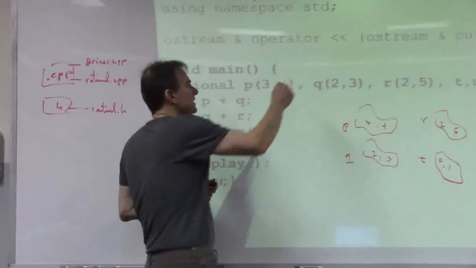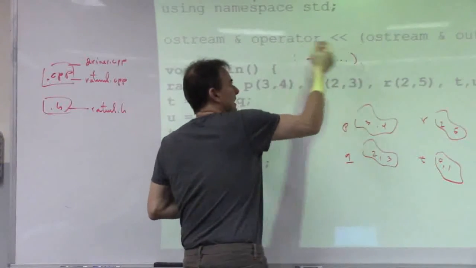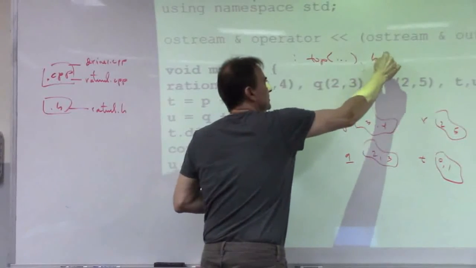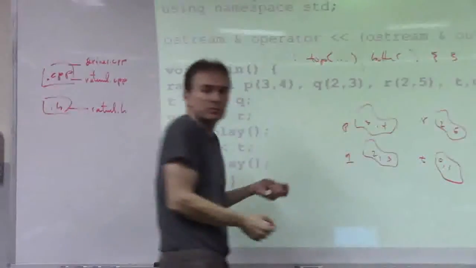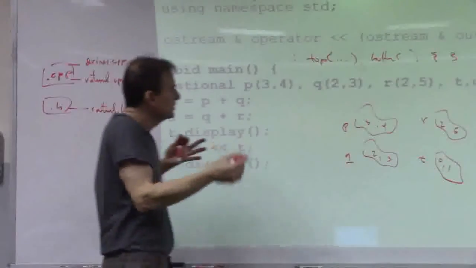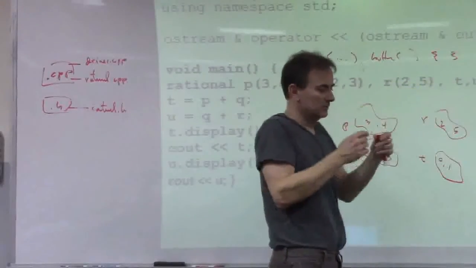We had something like this: top, whatever it was in here, so it was like top this and bottom something else, right? And then the code was empty. That's what we did. And I told you we could have done it differently.